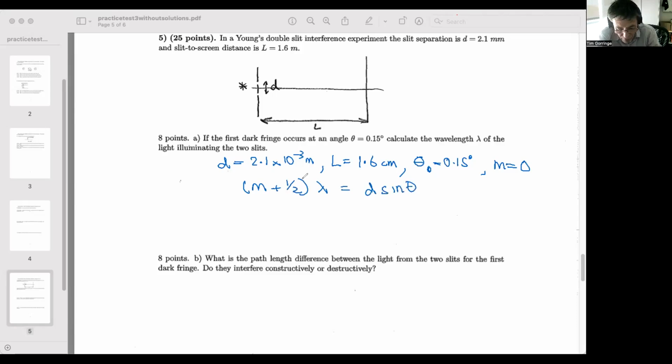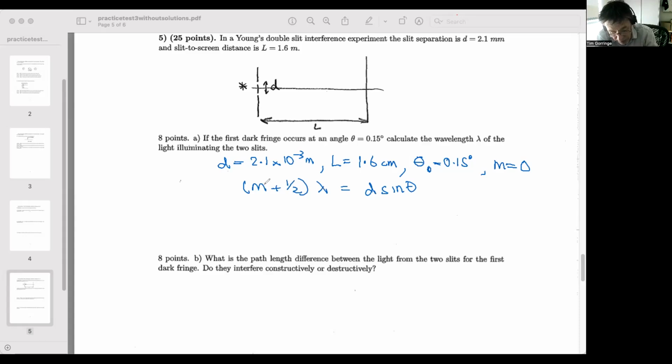On the left-hand side we have the wavelength of the light and the order of the dark fringe. On the right-hand side we have the slit separation and the angle of the dark fringe. In our case m equals 0, so we can plug in m equals 0. The quantity we don't know, and want to figure out, is the wavelength.